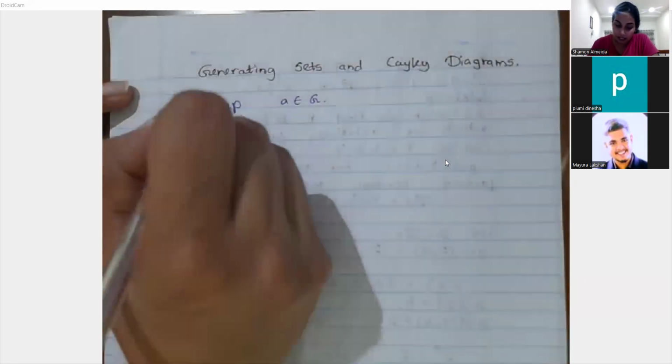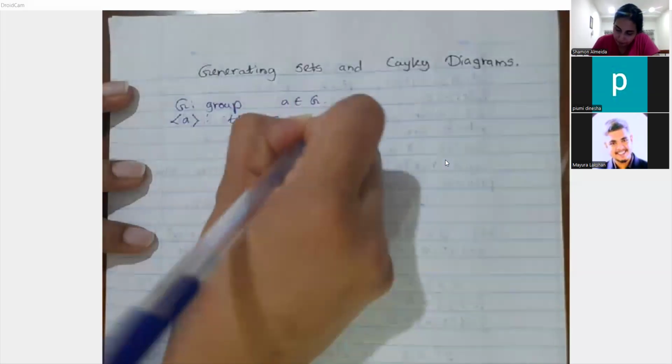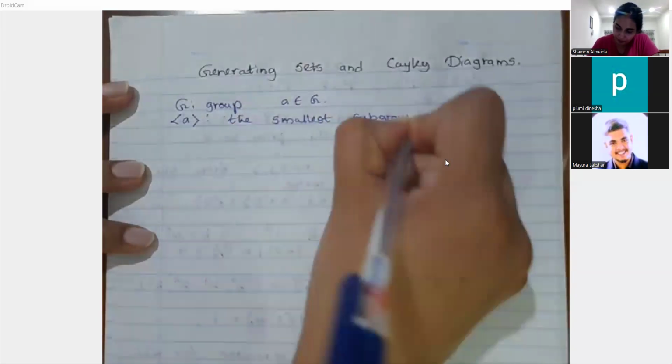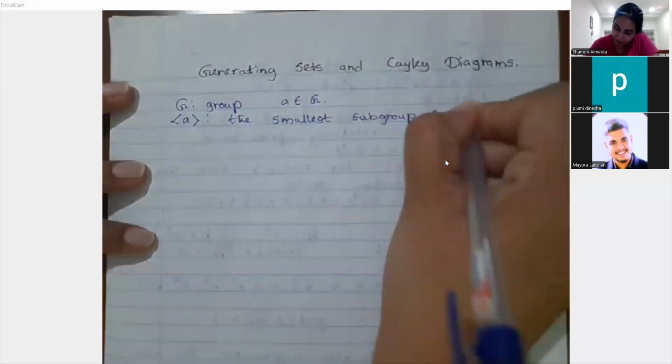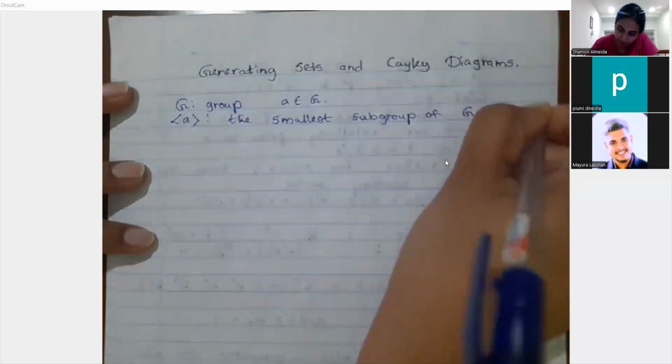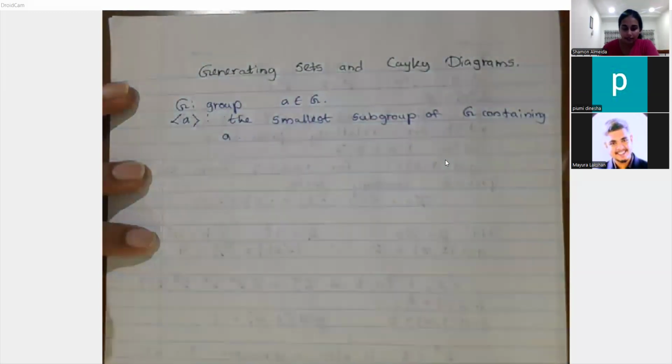This is the subgroup generated by A. It's the smallest subgroup of G containing A. So let me write the smallest subgroup of G containing A. Right.